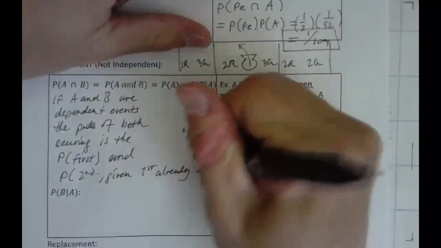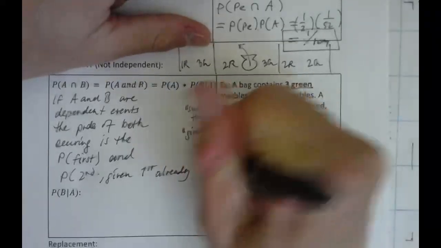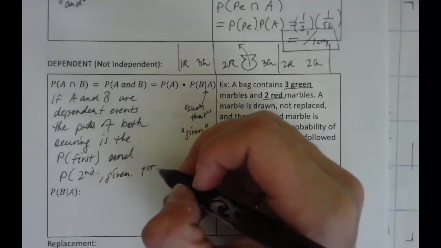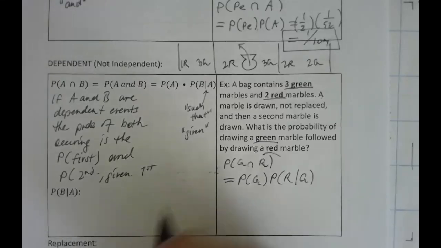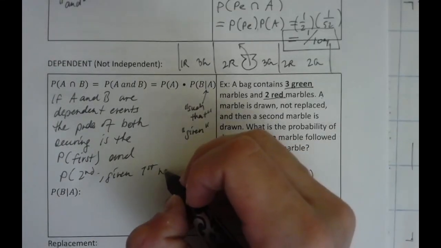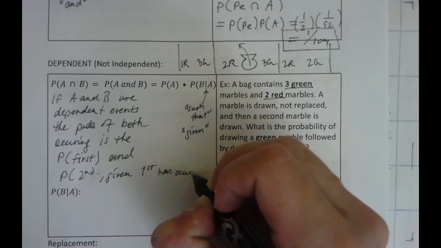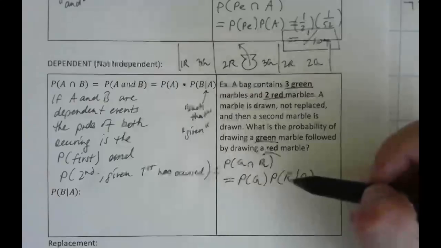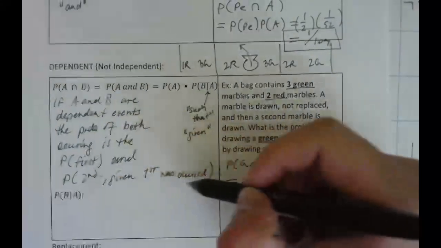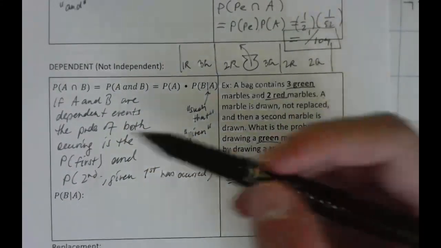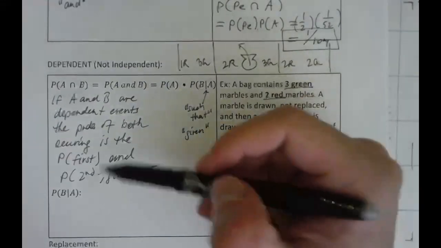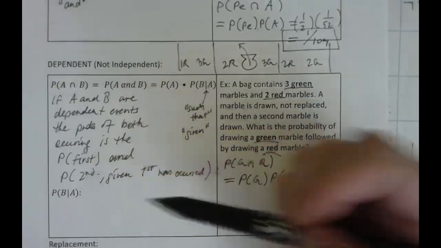I don't have enough room to write that, so probability of second given the first has occurred already. Okay. So do you guys see the similarities here in what we wrote and the notation? The probability of the first event and the second is the same as the probability of the first and the second given the first has occurred.